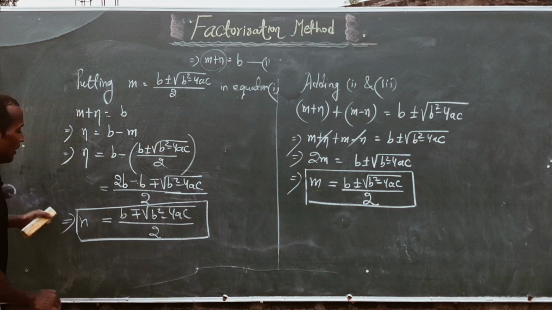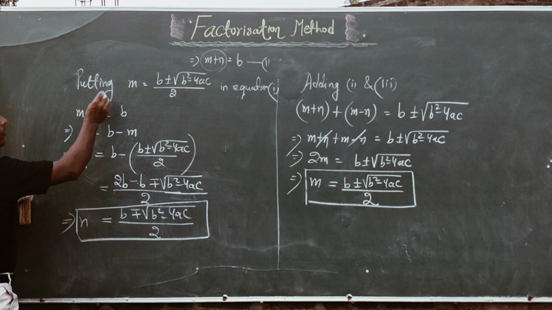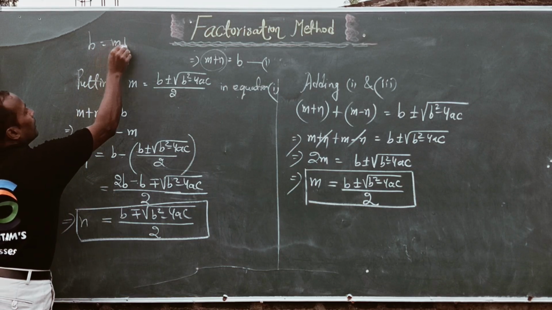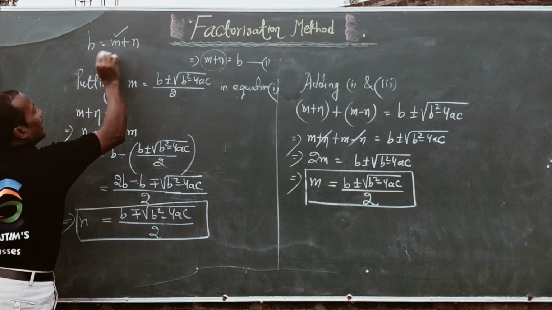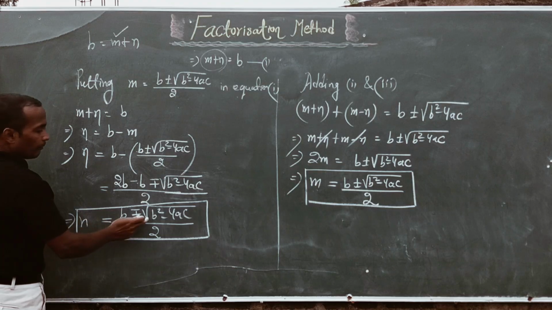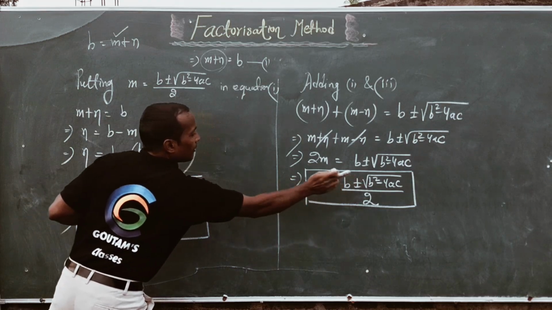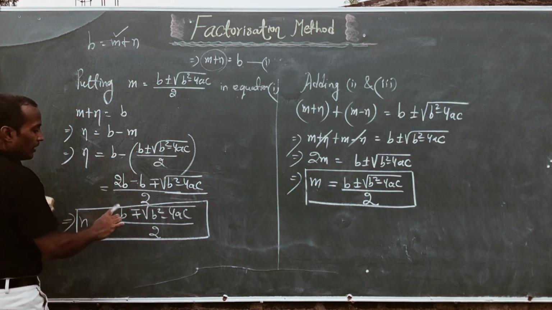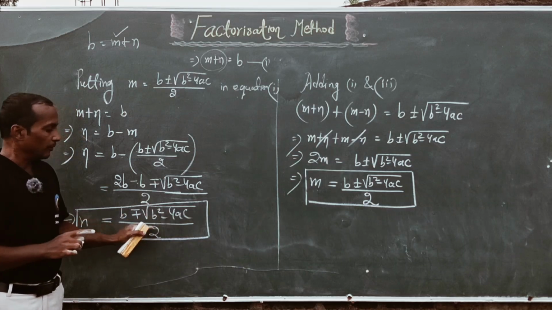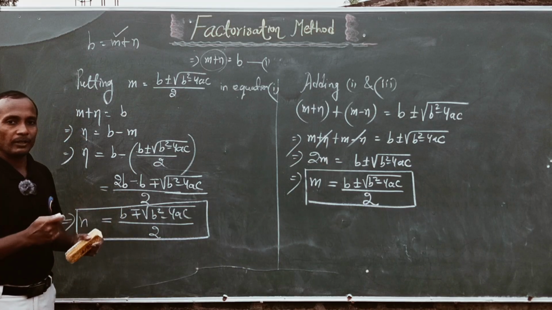So whatever it is, one part means when we write b as m plus n, if m is b plus root b square minus 4ac by 2, then n is b minus root b square minus 4ac by 2, or vice versa. Okay.